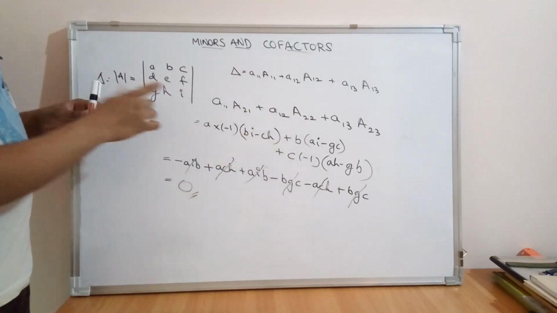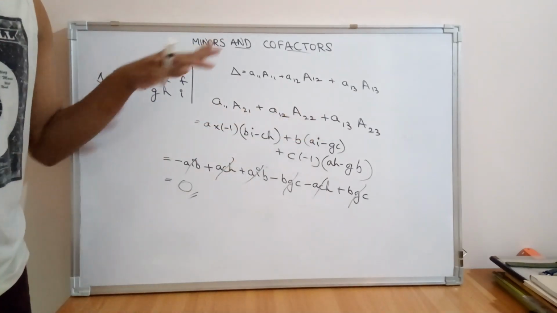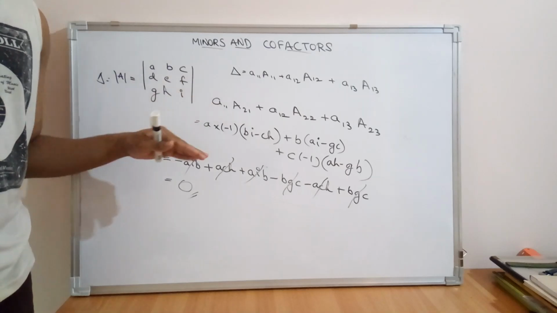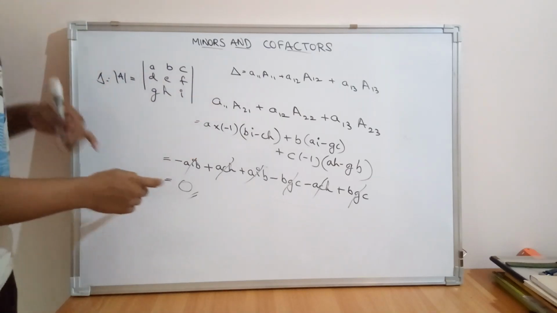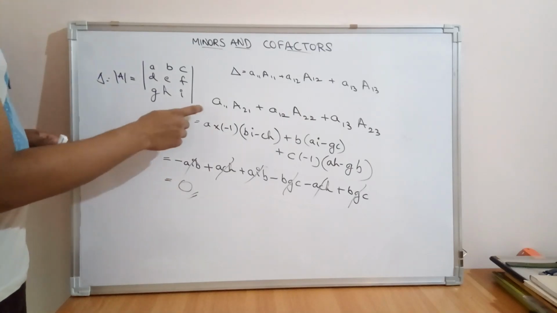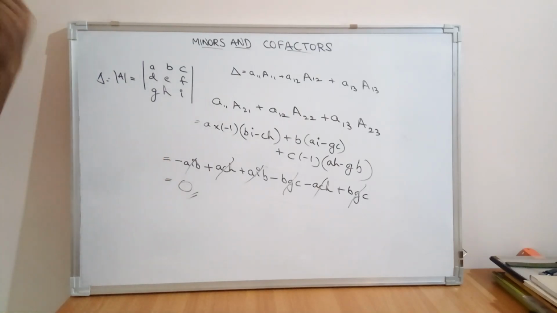You are not considering the elements of a row and then the cofactors of a column. So we need to consider a row only. Only in such a case we are going to get the value to be 0. So this is the property over here, that is the element multiplied by the cofactor of a particular row or a column, their sum is going to be 0. That's all about minors and cofactors.